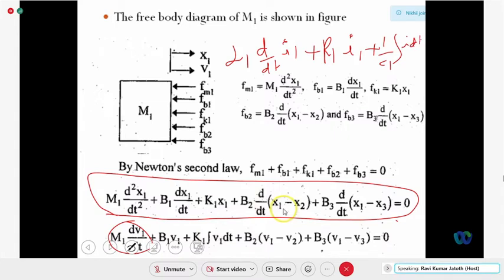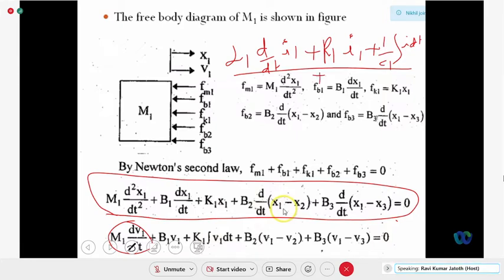It's a messy equation, no? So 1 by C1 integral I dt is what? VC1. Correct, no? Right.